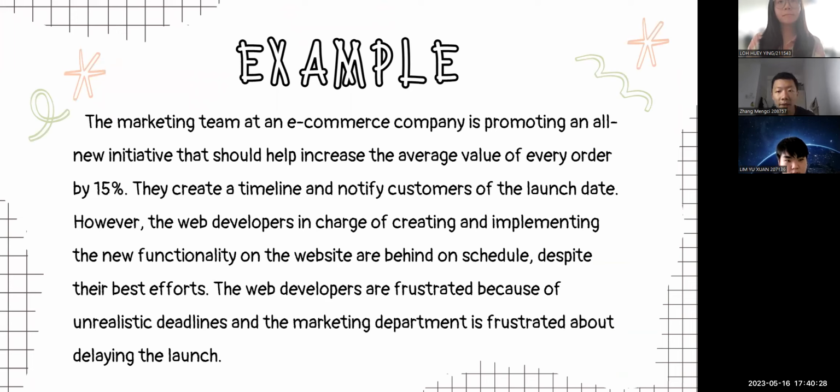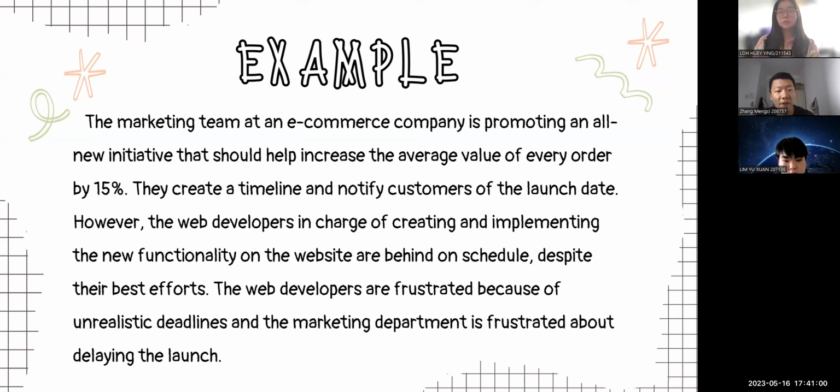Okay, there's another example. The marketing team at the e-commerce company is promoting an all-new initiative that should help increase the average value of every order by 15%. They create a timeline and notify customers of the launch days. However, the web developers in charge of creating and implementing the new functionality of the website are behind schedule.